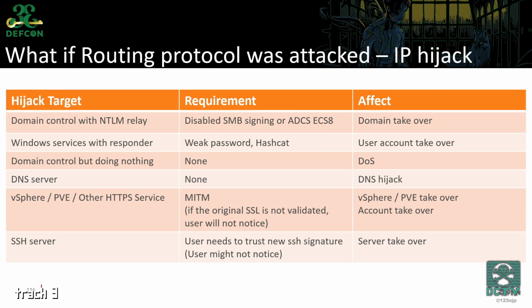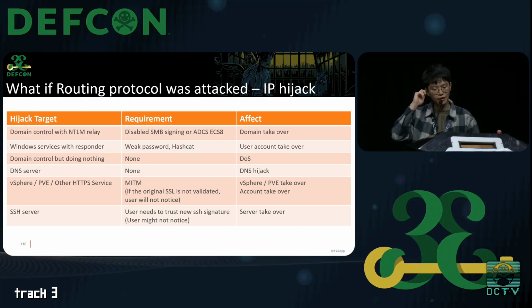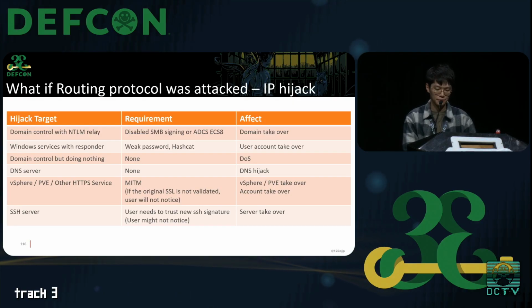We have summarized the potential impact of hijacking different service IPs. If an attacker hijacks the IP of a domain controller and NTLM relay is possible, meaning SMB signing is disabled or ADCS ESC8 is present, they can take over the entire domain.